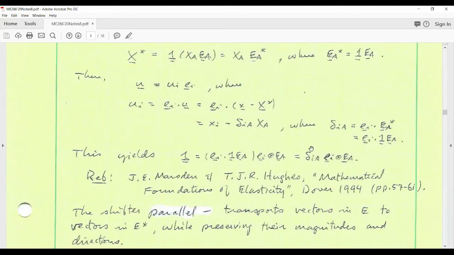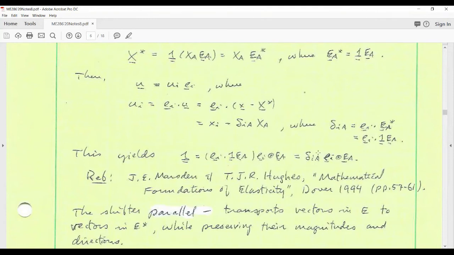The delta IAs, I'm using delta like the Kronecker delta, but it's not quite the same. If you should happen to choose a basis EA, say E1, which is aligned with little e1, capital E2 aligned with little e2, capital E3 aligned with little e3, then the shifted versions would also have the same alignments, and these dot products would just be ones or zeros like the Kronecker delta.